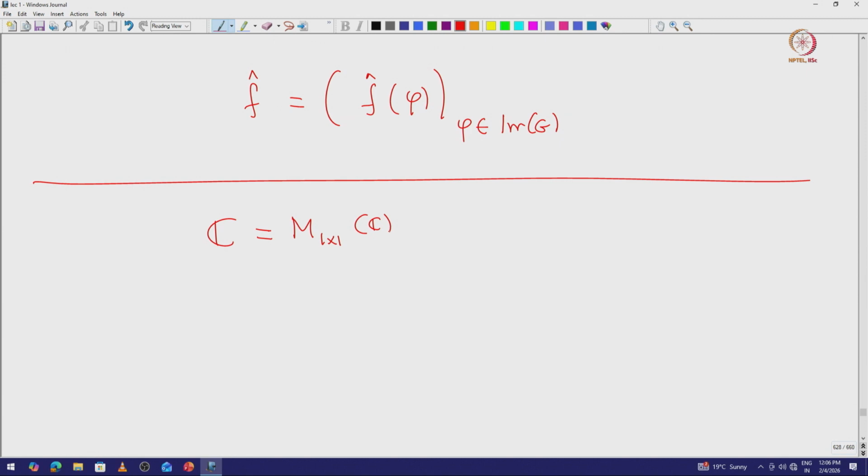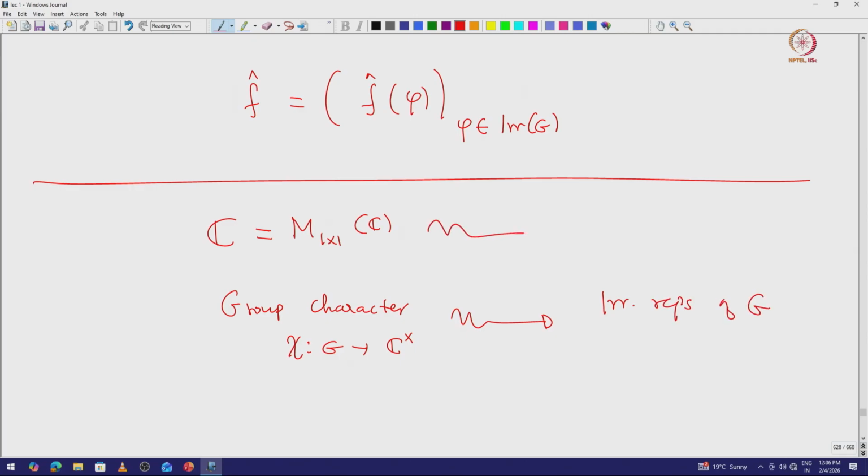So, naturally the irreducible characters, which are like group characters, that is chi from G to C cross, will be replaced by irreducible representations of G, and this space C will be replaced by the matrix space.